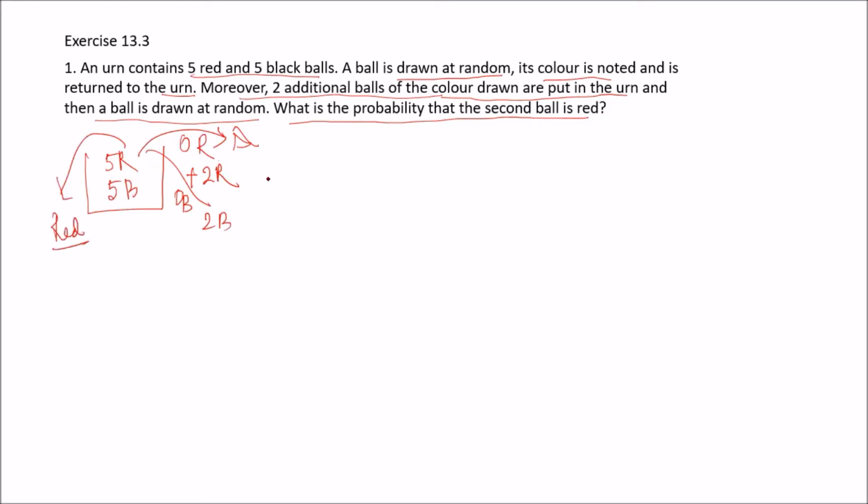Second is always red. That means here there are 2 events, conditional, not conditional, independent events. Suppose E1 is the event that in the first draw, red is drawn, and E2 is the event that black is drawn from the bag the first time.